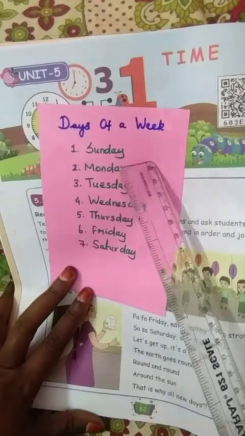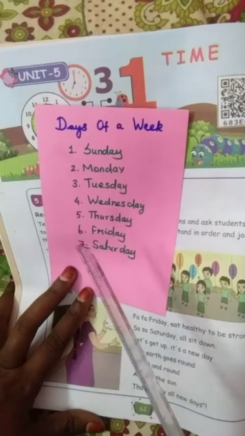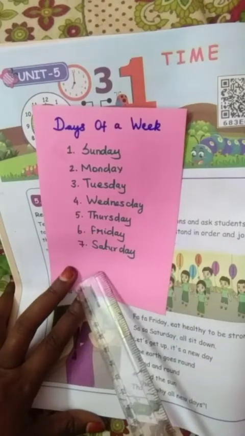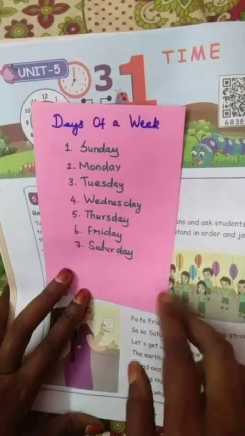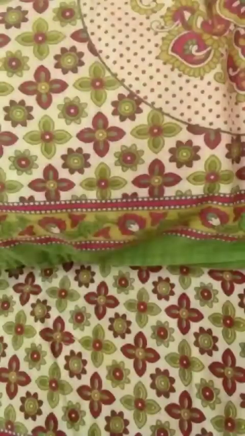How many days are in a week? 7 days. Okay. These are the names of the days. We are going to answer some questions depending on this.